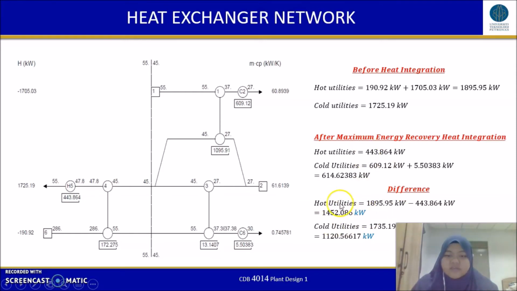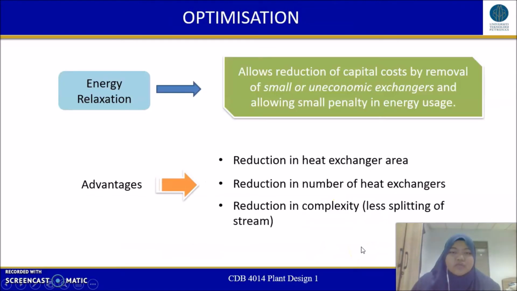To further optimize this heat exchanger network, we can use energy relaxation, which allows reduction in the capital cost by removing small or uneconomic exchangers and allowing a small penalty in the energy usage. The advantage of this optimization is to reduce the heat exchanger area, reduce the number of heat exchangers, and further reduce the complexity, which means less splitting of the stream.